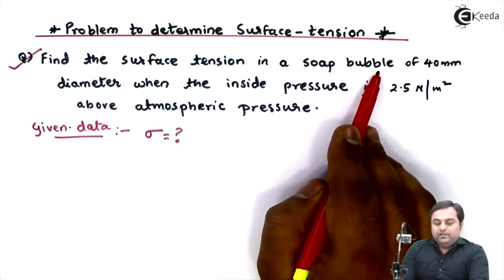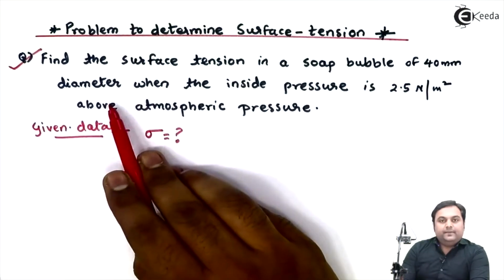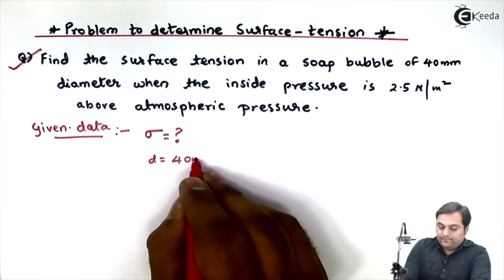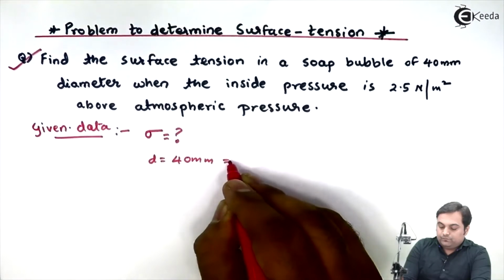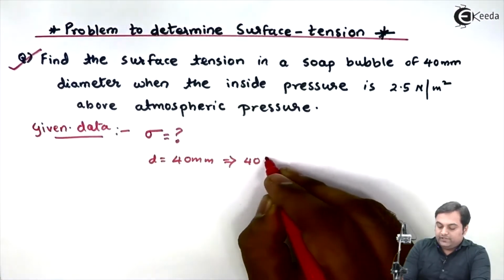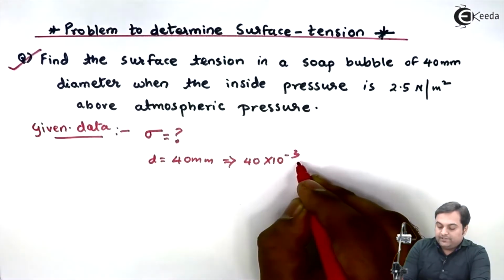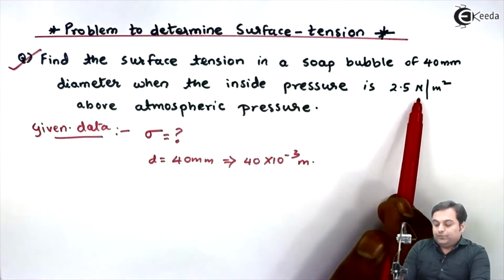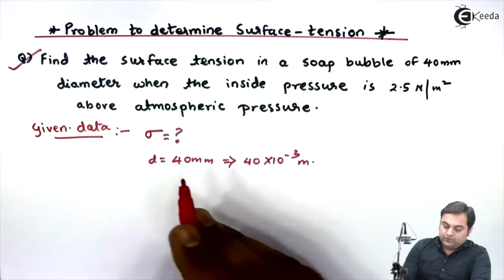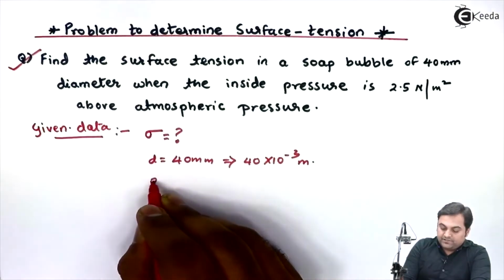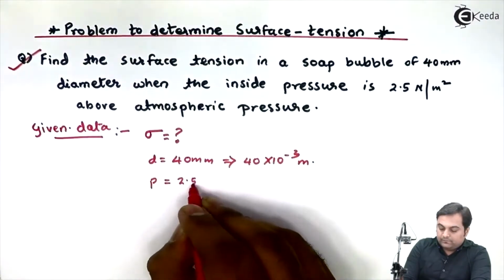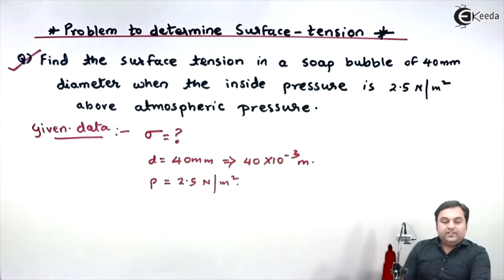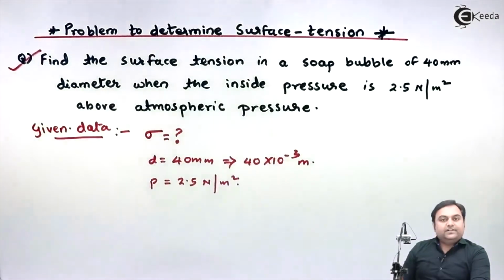The diameter of the soap bubble is 40 mm, so that is 40 into 10 raised to minus 3 meter. The inside pressure is 2.5 Newton per meter square, so pressure inside the soap bubble is given, and the pressure is above atmospheric. So this much is the data part.